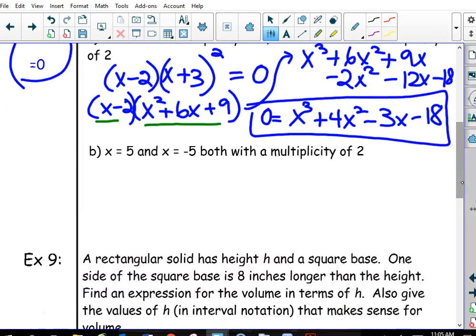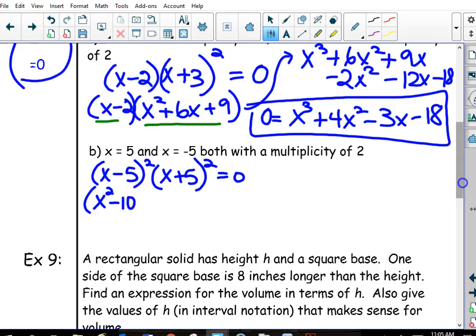So we've got x equals positive 5 and x equals negative 5, both with a multiplicity of 2. And here I have to multiply both binomials and then you just got to crunch through it.